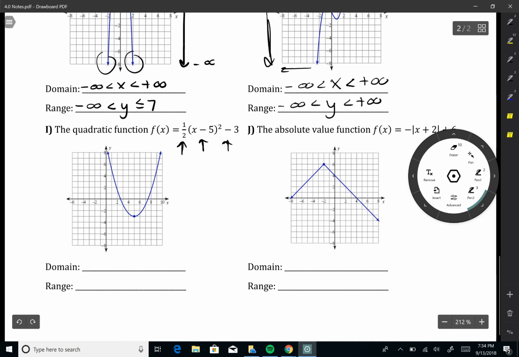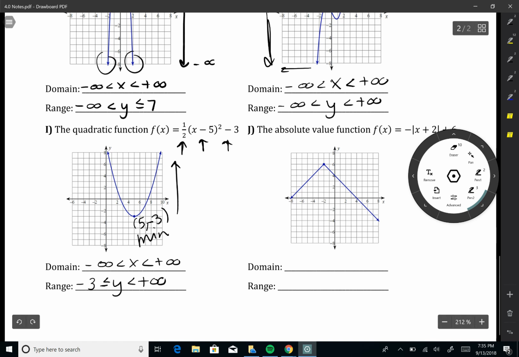There's my vertex there at 5, negative 3. That's a minimum. So I guess while I'm there, let's talk about range because that is the lowest point this reaches. The range starts at negative 3. It's less than or equal to y, which is less than positive infinity. So it's going up forever. And my domain is always going to be the same for these quadratics, negative infinity to positive infinity.